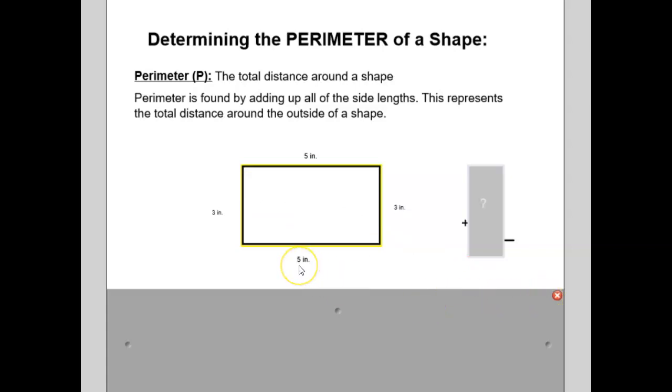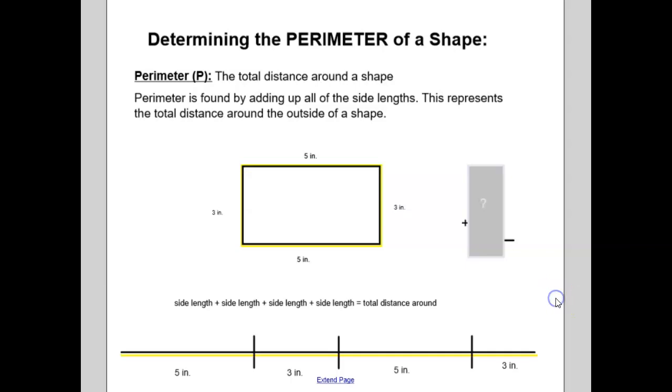So I know to find the perimeter, I need to add up each side length. Down here, I took the string and stretched it out to show the distance of each side length. If I add each side length together very carefully, that will tell me the total perimeter, or the total distance around the shape.